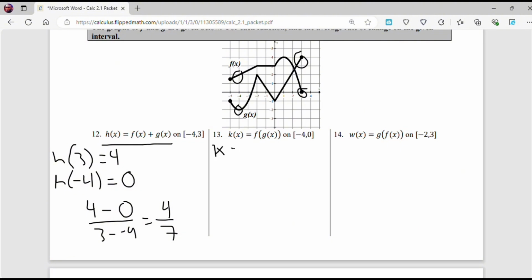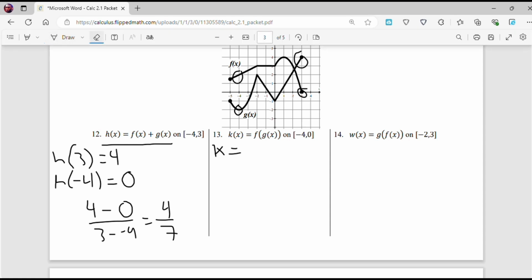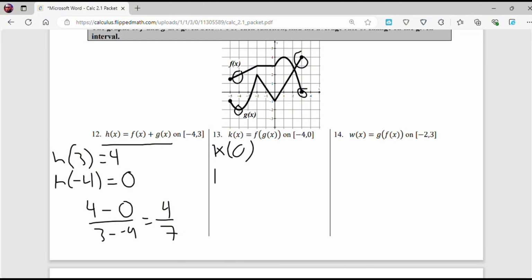So again, we're gonna put, well, hold on. Okay, k of 0, k of -4. K of 0 is f of g of 0. K of -4 is f of g of -4. Okay.